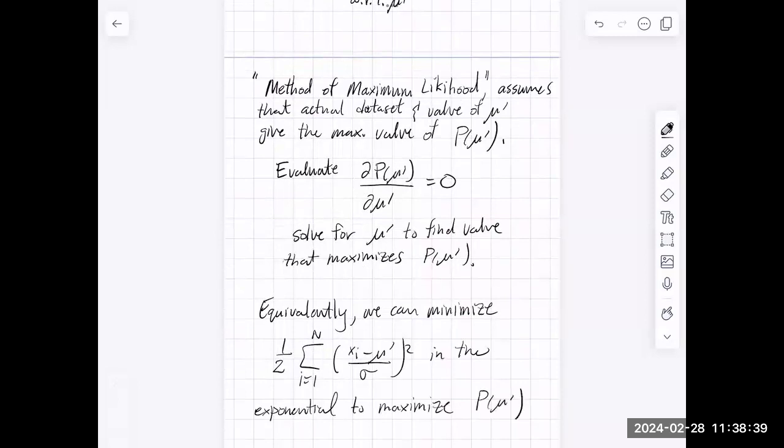In fact, what I'm going to do is call the stuff in the exponential without the minus sign just capital X.